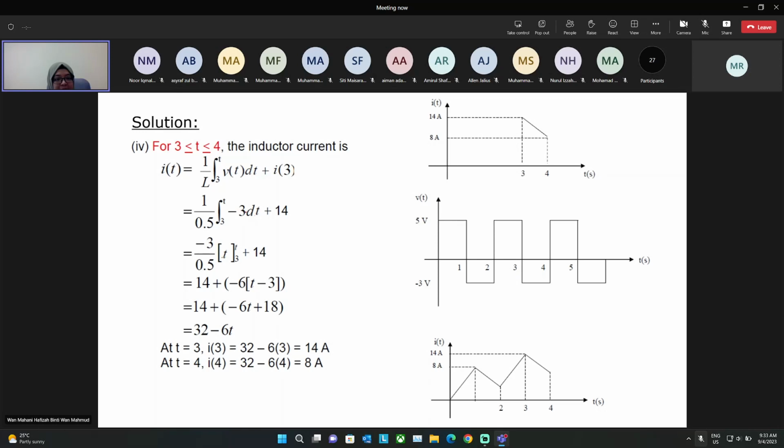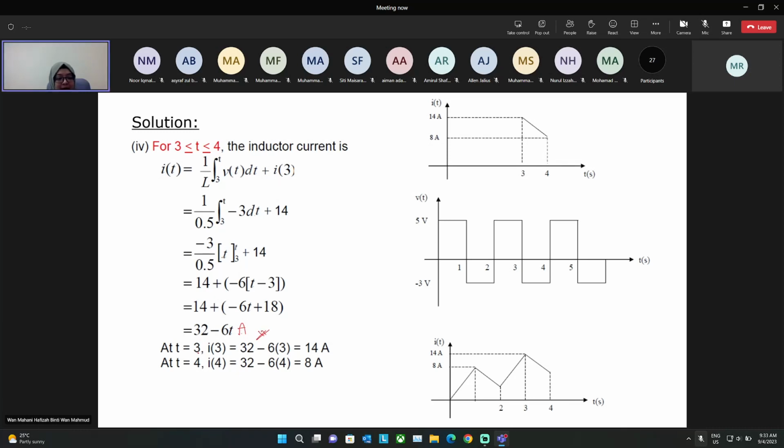Okay, differentiate negatif 3 dapat negatif 3T. So ini dia simplify. Negatif 3 dia keluarkan. So tinggal T. Kat dalam ni cuma perlu ganti dengan T minus with 3. Okay. Then you simplify the equations. Dapatlah equations ini. Untuk tempoh 3 ke 4.